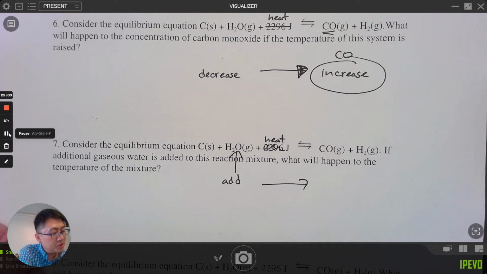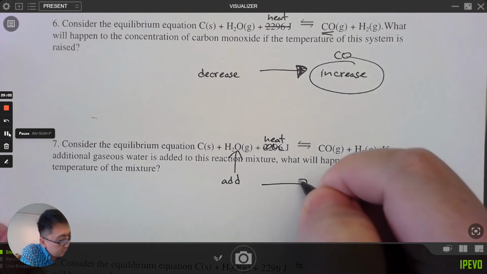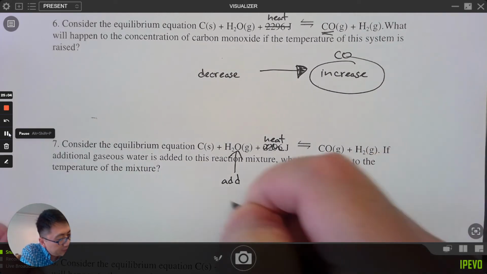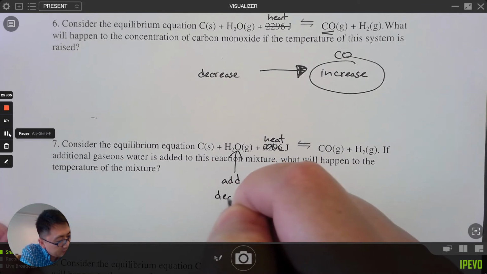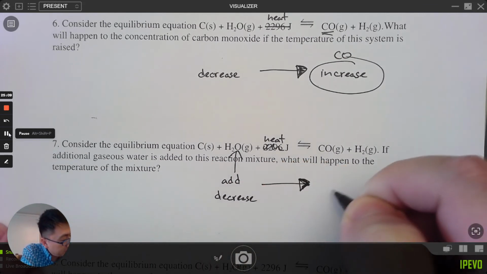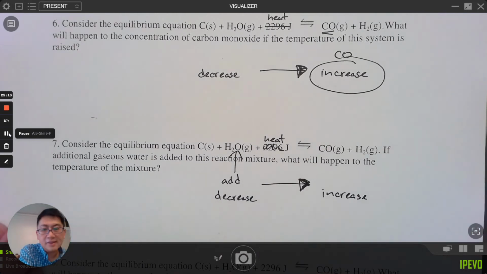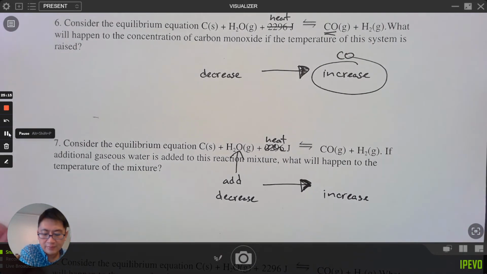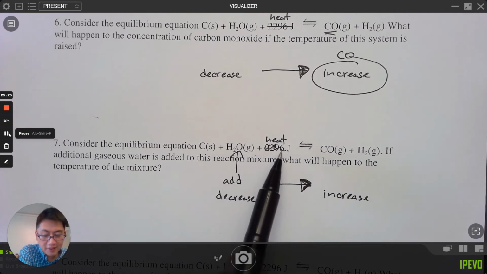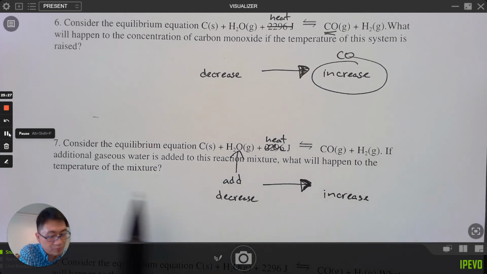So it's going to shift to the right. If this reaction shifts to the right, then everything on the left side will decrease and everything on the right side will increase. Well, heat is on the left side. If I decrease everything on the left, decrease heat, what will happen to the temperature?